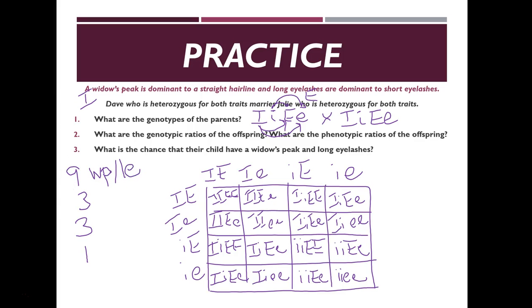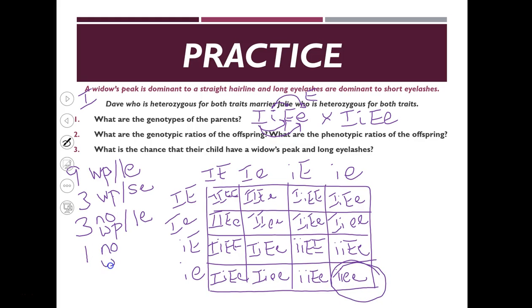So then for the 3s, each 3 is going to have one dominant and one recessive, and then the other 3 will be the opposite. So the first 3 will be widow's peak and short eyelashes. The other 3 will be no widow's peak and long eyelashes. And then the 1 is the only one on the whole thing that's double recessive. So that's going to be no widow's peak and short eyelashes.